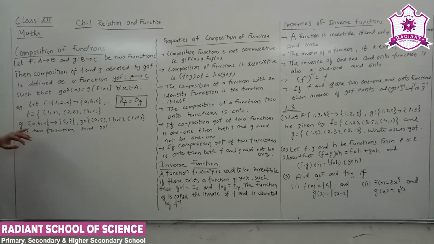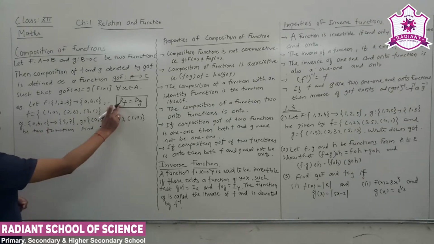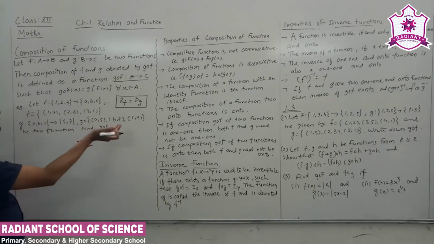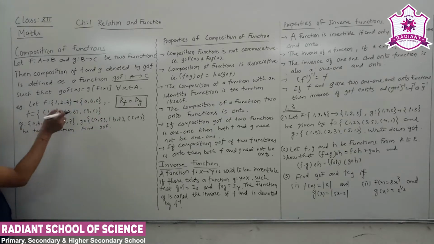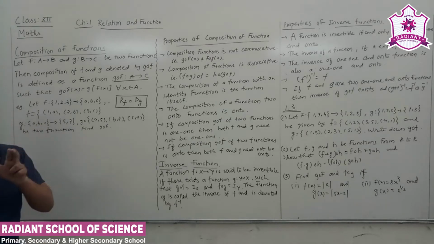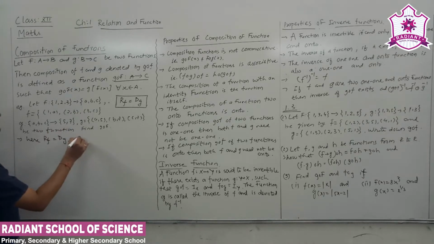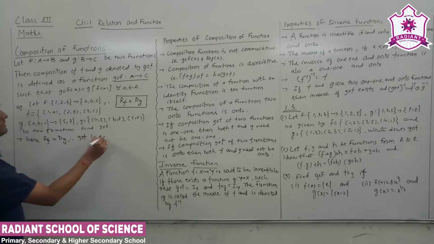Then g has the domain {a, b, c} and range {5, 7}. तो सबसे पहले चेक कर लो range of f, यह रहा range of f आपका {a, b, c}, is equal to domain of g। तो g का domain क्या है, {a, b, c}, दोनों equal हैं, yes, so g∘f exists यहाँ पे। Therefore Rf = Dg, so g∘f exists, right?